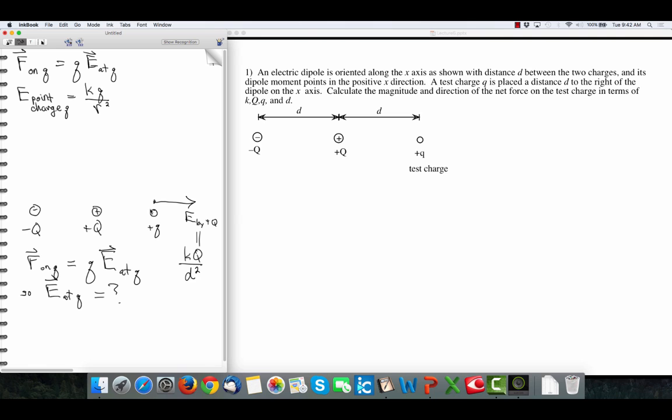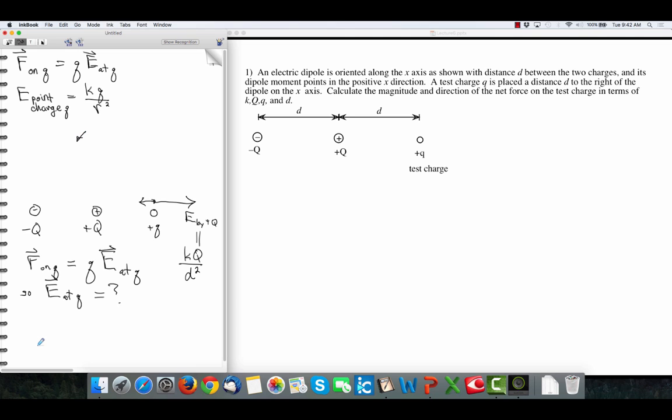So almost everyone pointing to the left, pointing in the other direction. To the left means toward the negative charge because electric fields due to a negative point charge, the electric field vector, wherever you are, is toward that negative charge. So if you're up here, it's toward the negative charge.